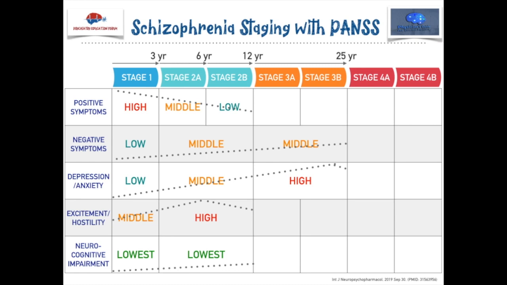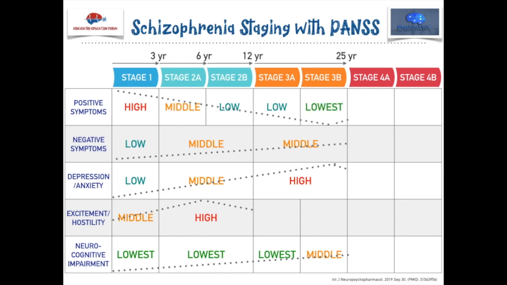And this also applies to neurocognitive symptoms here. You will see how they are still lower, but they continue to rise. They also mention that this stage ends when neurocognitive symptoms have exceeded depression and anxiety, which is very interesting.